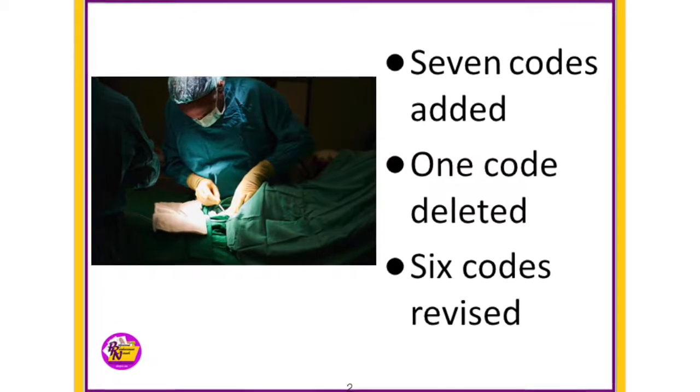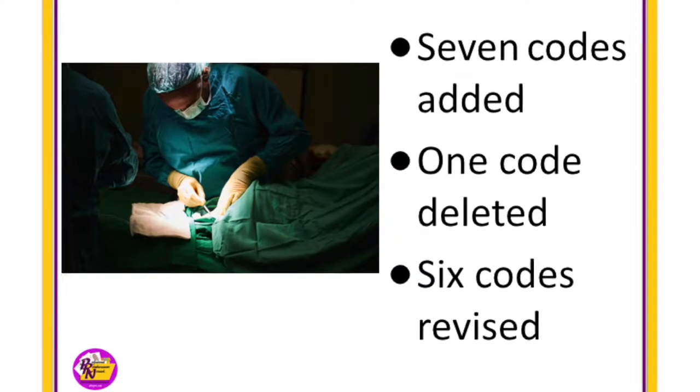In the respiratory system, there are 7 new codes, 1 deleted code, and 6 revised codes. Codes 31241, 31253, 31257, 31259, and 31298 have been established.